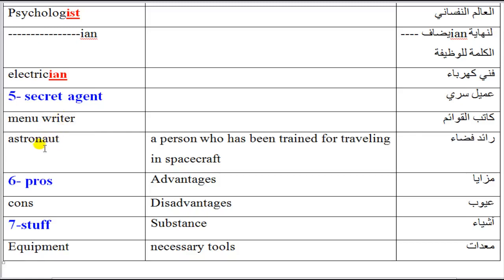Also, this word sometimes they say it differently, but it's astronaut: a person who has been trained for traveling in a spacecraft, a spaceship. 6. Pros, advantages. Cons, disadvantages. Pros and cons, advantages and disadvantages.